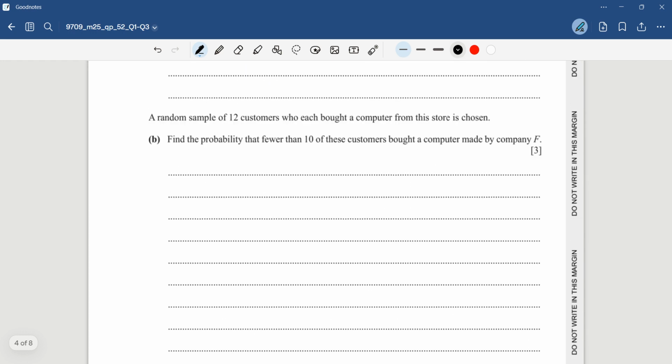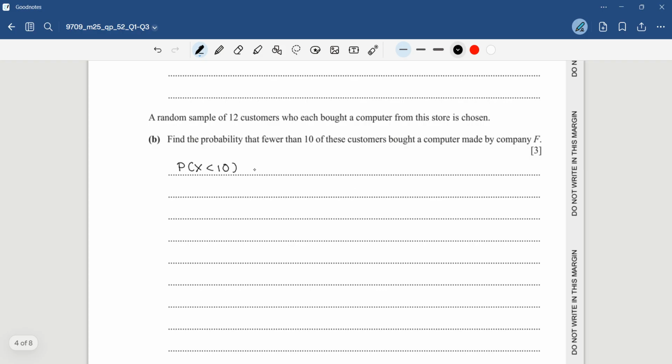Then part B, a random sample of 12 customers who bought a computer from the store is chosen. Find the probability that fewer than 10 customers bought a computer made by F. So fewer than 10, so X should be either 1, 2, 3, 4, 5, 6, 7, 8, and 9.